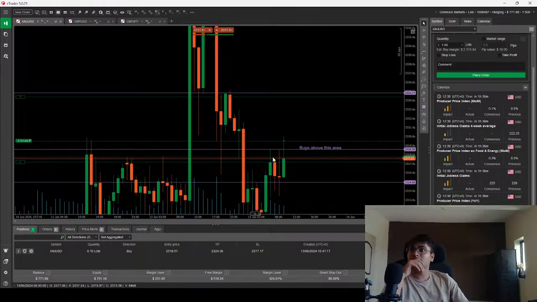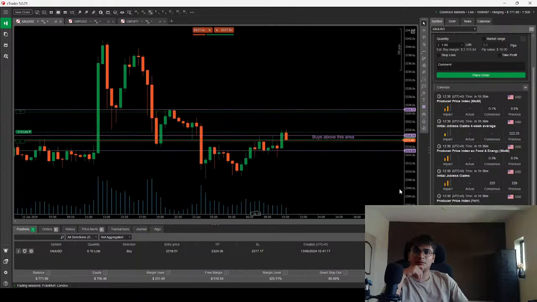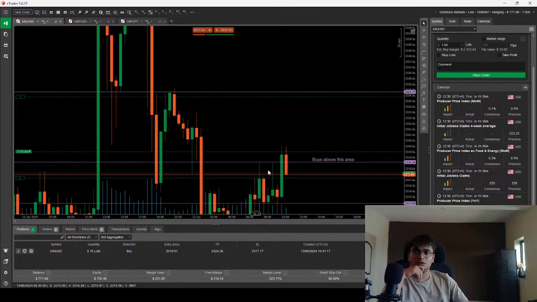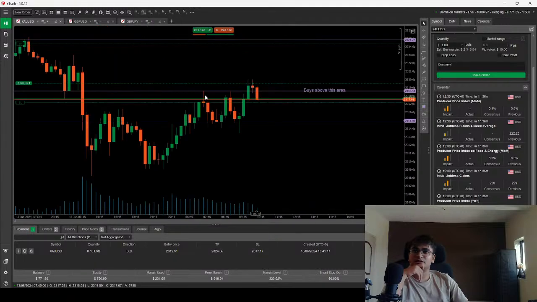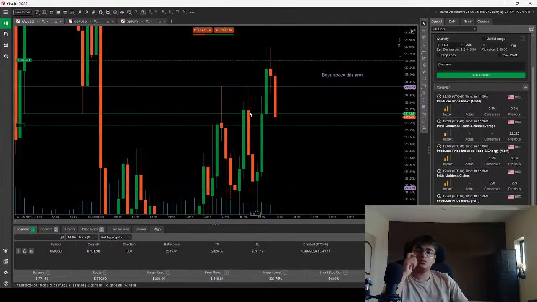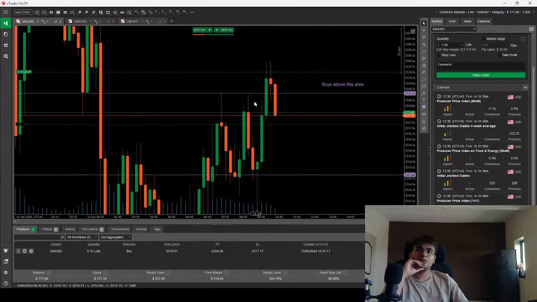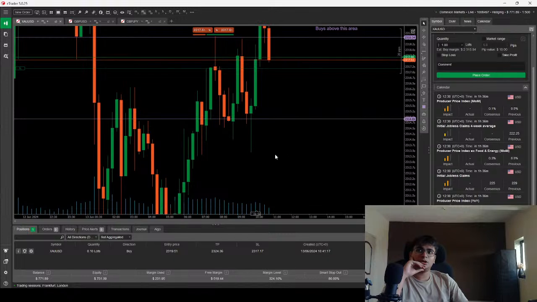Okay, looking at the 1 hour time frame, price is coming back to the range, which is not good. Looking at the 30-minute time frame, same thing, price is coming back to the range, looking not good at all. So we have 5 to 6 minutes left. If this candle goes bearish, I think price has more volume to the downside. So most likely it will continue going down from here.